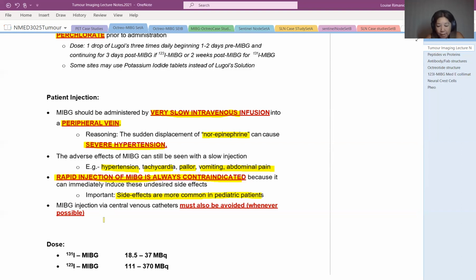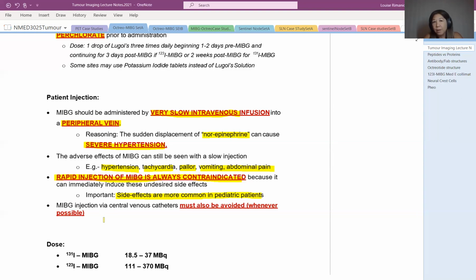What we were told is that when they make up the MIBG, they alter the amount of radioactivity that they label to the MIBG, but the actual amount of MIBG that they attach the label to stays constant.